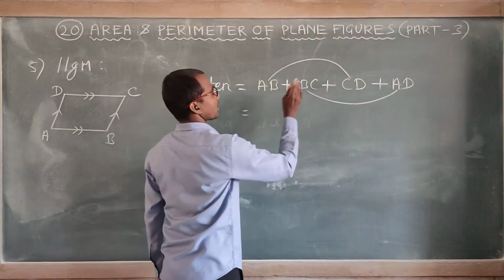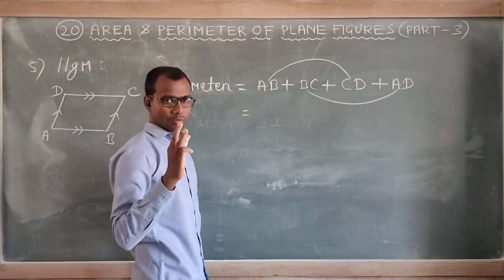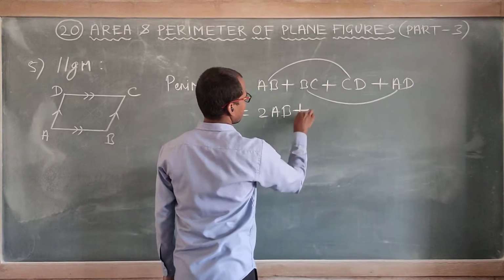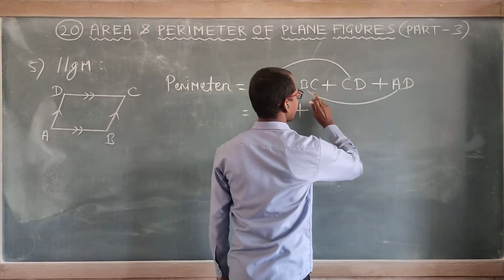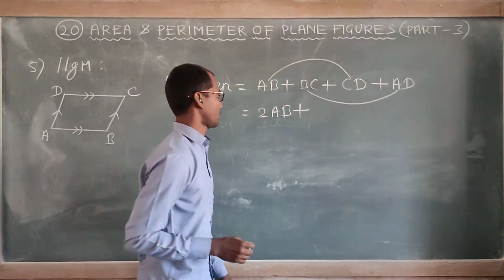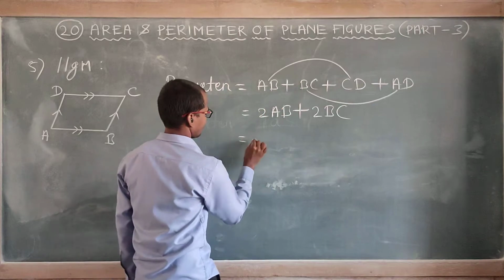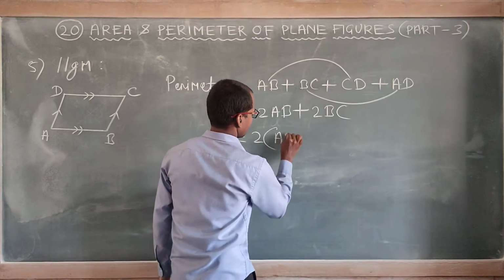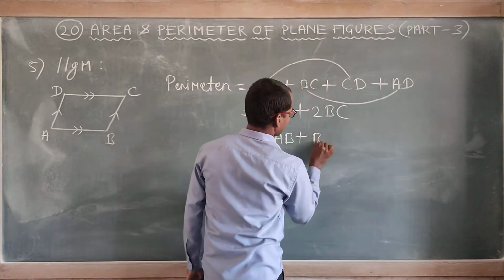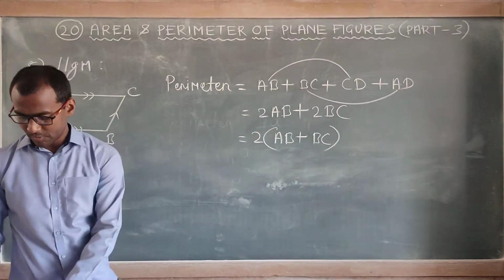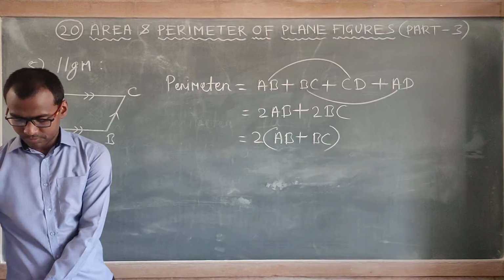So instead of AB plus CD, I can write 2AB because they are equal. Then instead of BC plus AD, I can write 2BC. 2 common, AB plus BC.